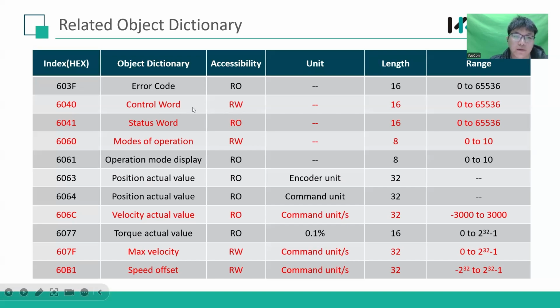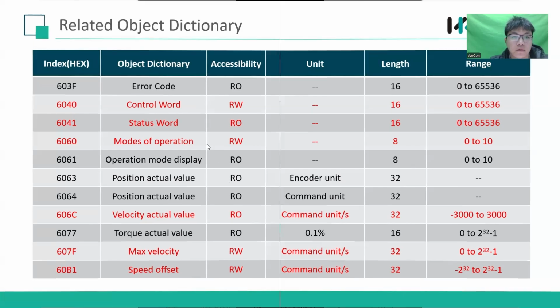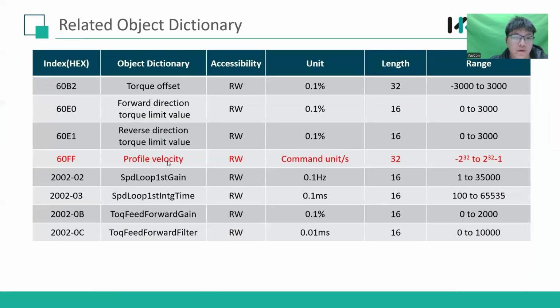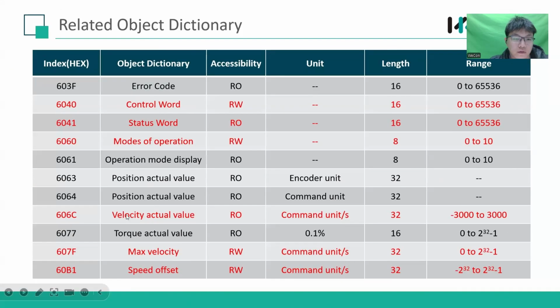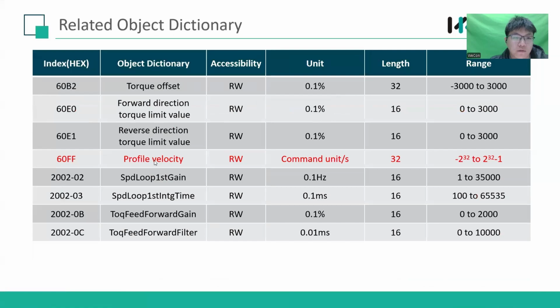Usually this type is an output parameter, which means the controller sends this parameter to the driver. And also we have this one, our target velocity, profile velocity.